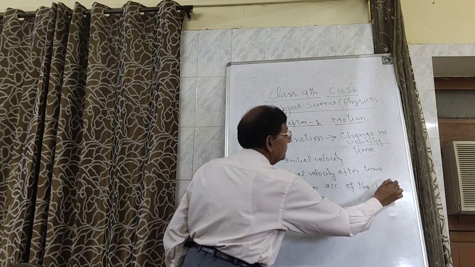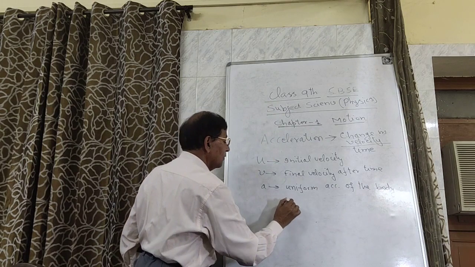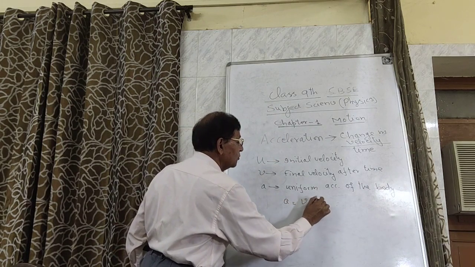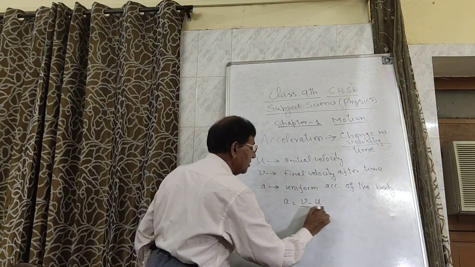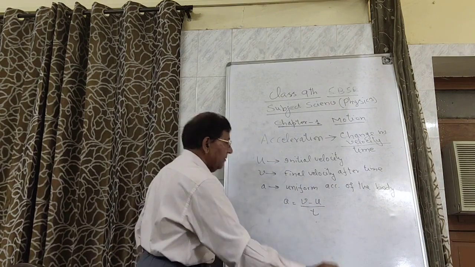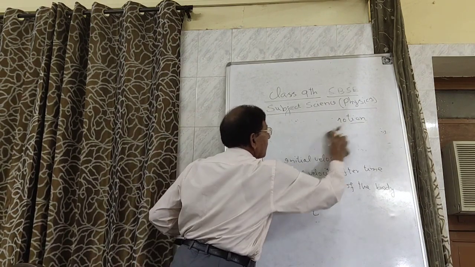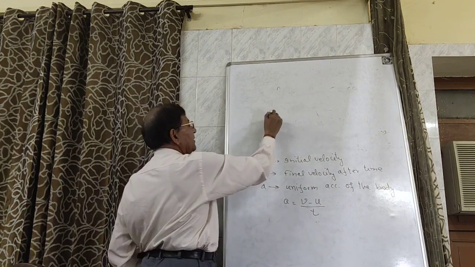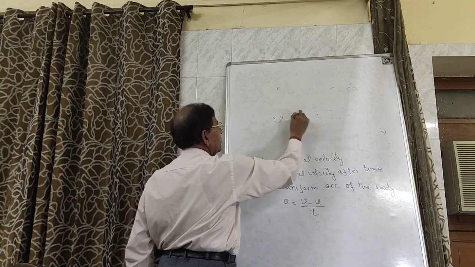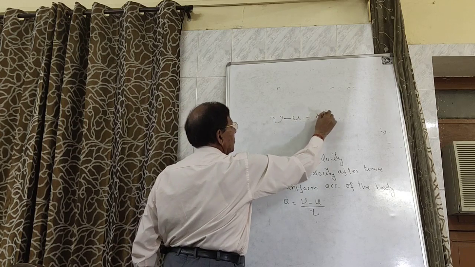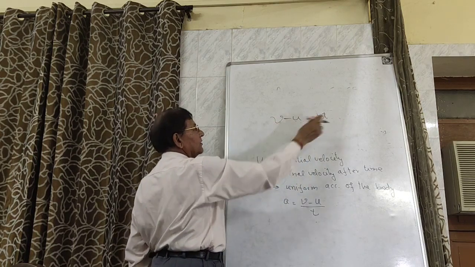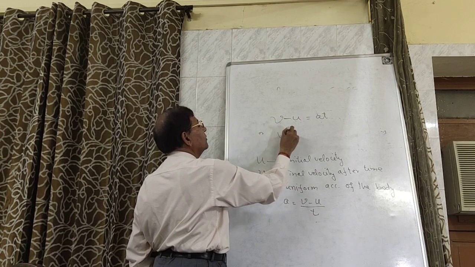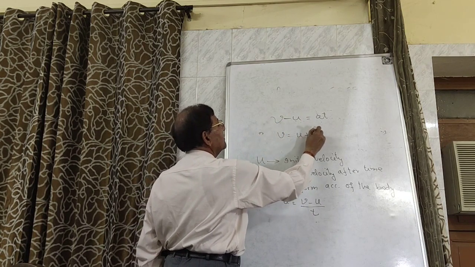By definition, a equals v minus u divided by t. On cross multiplying we get v minus u equals at. Now let us take u to the other side, or v equals u plus at.